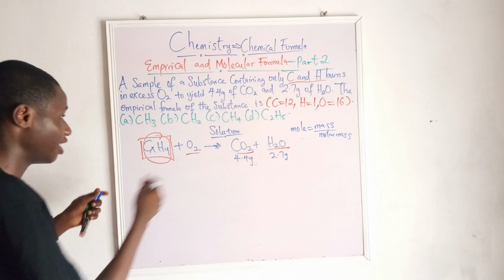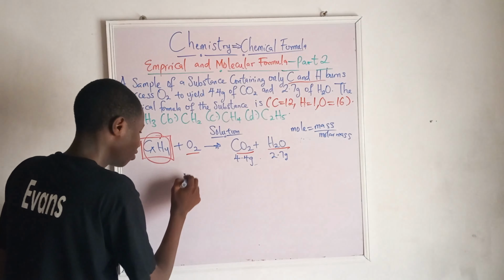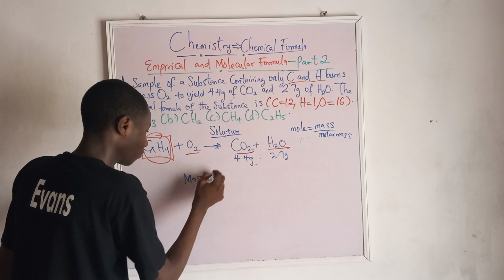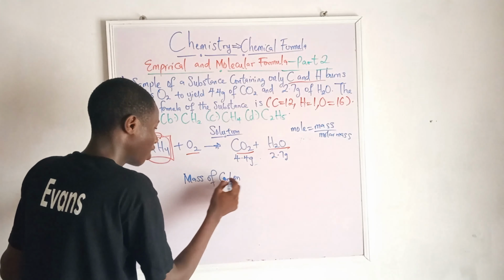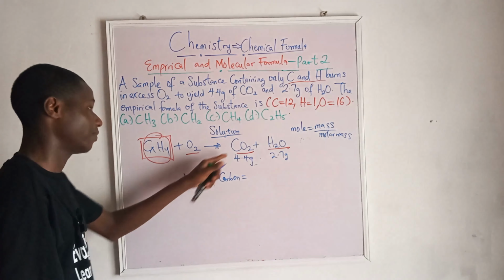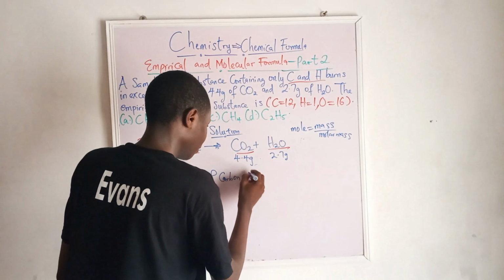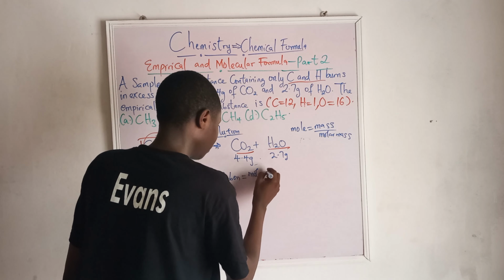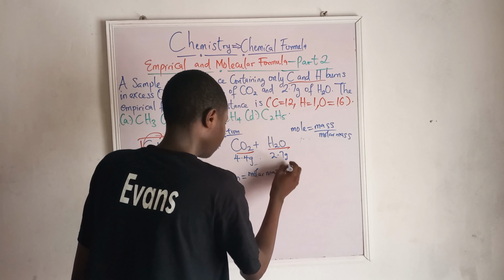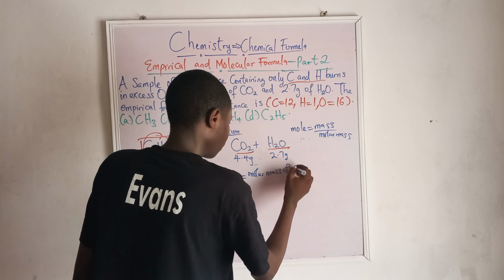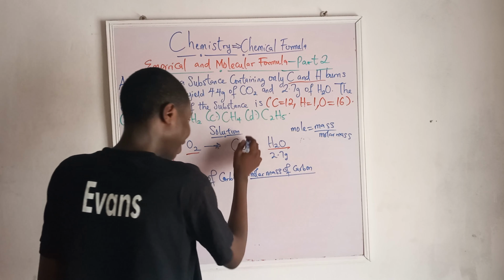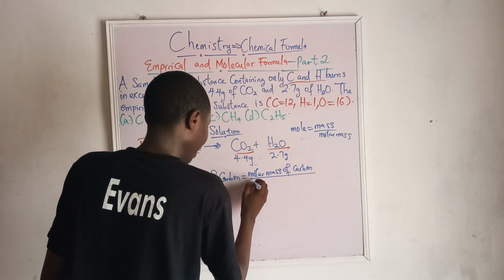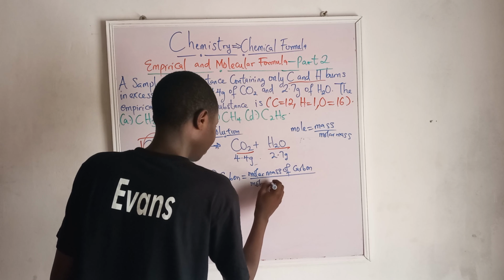Now let's do that. Let's look for firstly the mass of carbon. Mass of carbon will be equal to the molar mass of carbon over the molar mass of the whole carbon dioxide.